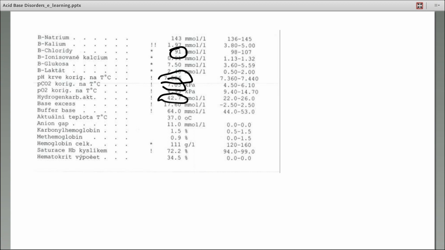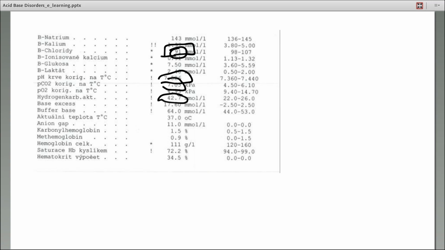So once you have hyperaldosteronism, it's a very typical scenario, you have chloride non-responsive metabolic alkalosis, meaning that you have normal chloride levels. Okay. And again, what is the cause of hyperaldosteronism?